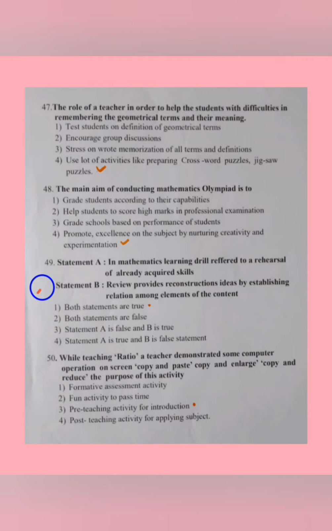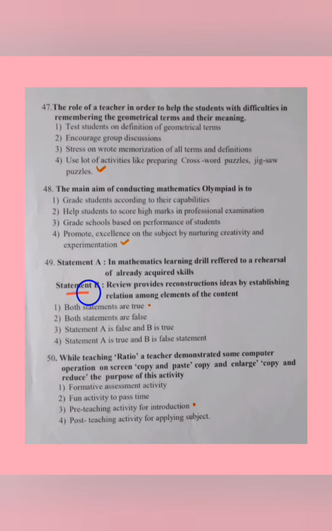Next one, statement A is given. In mathematics, learning drill is referred to as rehearsal of already acquired skill. So this statement seems to be true, right? In mathematics, drill work means we have already learned the concept and we are learning it again, the rehearsal of the acquired skill. Then statement B is given.